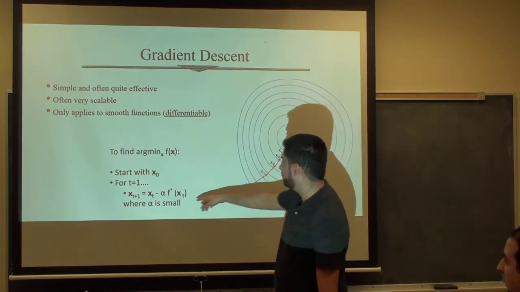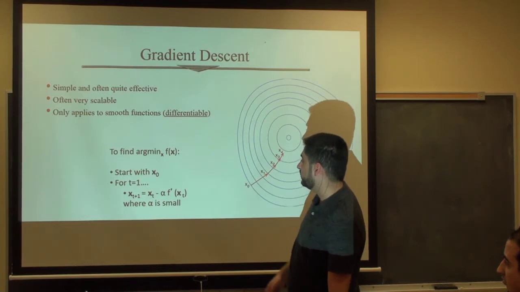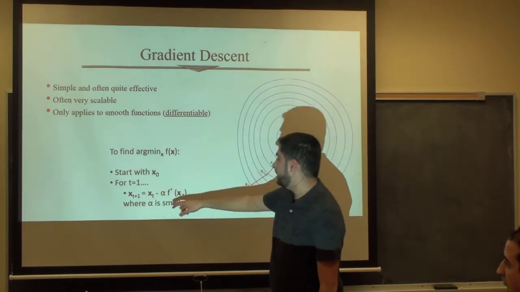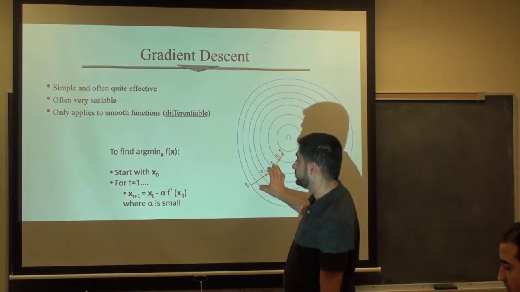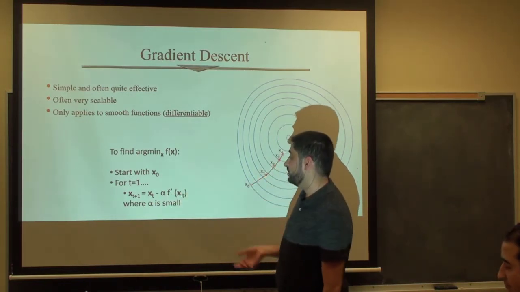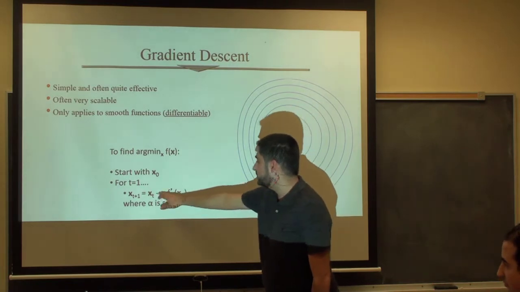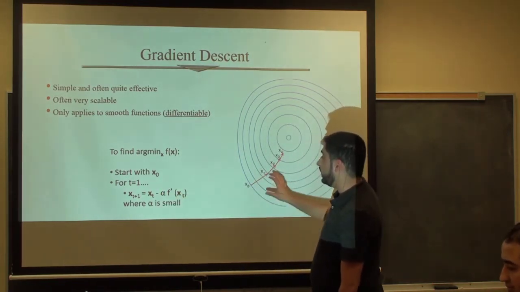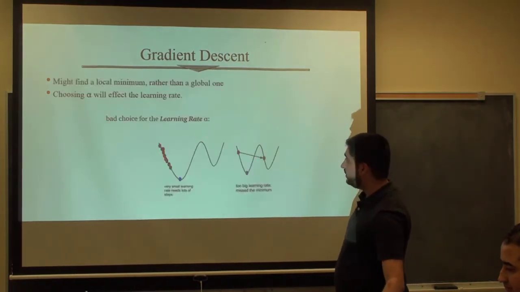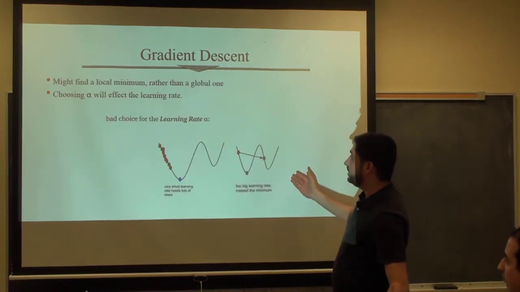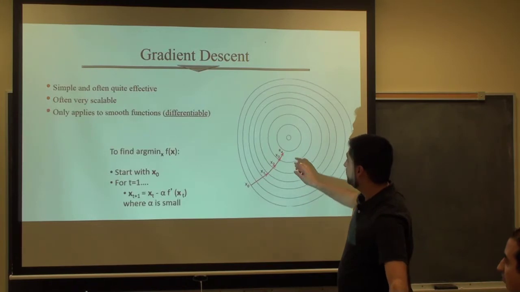So here's the equation for gradient descent. We start with an initial value, then we update it based on the derivative of our function times some learning parameter, which in most cases is called the step size, or how much this will affect our initial guess. And I need to mention one thing.